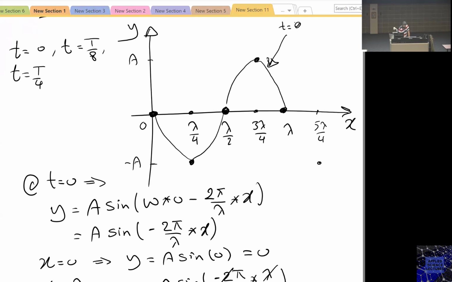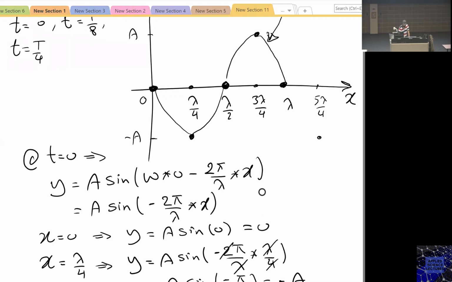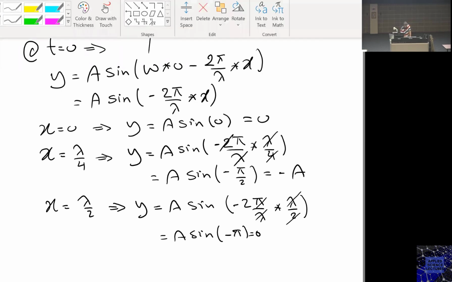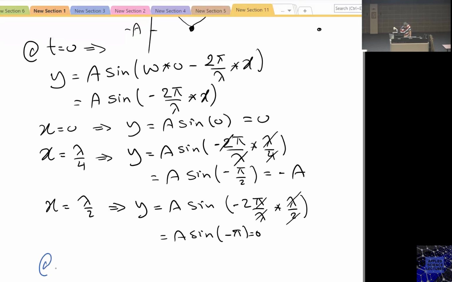Now, if I want to calculate or plot the wave for t equals T over 4, I'll start with T over 4, not T over 8. And I'll show you why. Then at t equals T over 4, I need to rewrite the function again. I should start from y equals A sine.